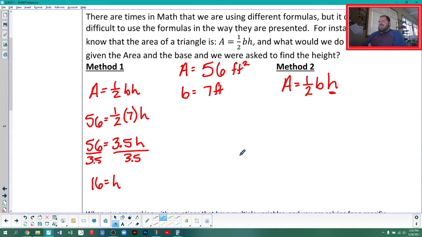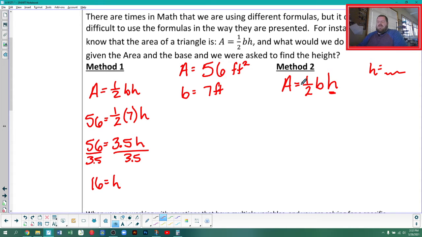And the beauty there is we had to use a calculator on this problem anyways. What if we could just use the calculator right off the bat? And here's what I mean. What if we solve this equation for the height and get it to say h equals some stuff? Okay, well, I can do that, and there's a bunch of different ways I can do that.